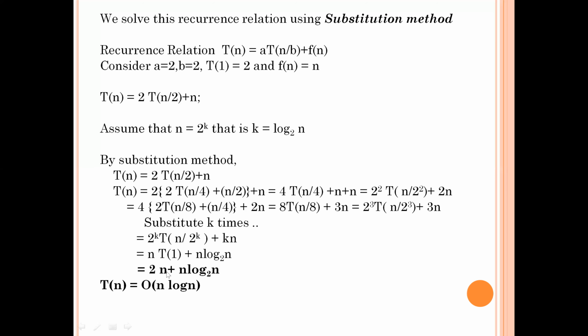So we get 2 into n plus n log n. Compared with n, anyway 2 is constant, and between n and n log n, n log n grows faster than n. That's why we say that T of n is equal to order of n log n. Like this you can solve the recurrence relations for any problem.